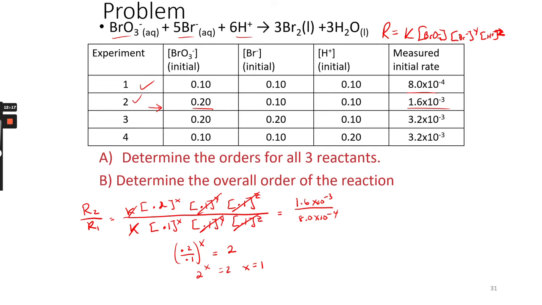Now I have to repeat this process to try to find y. So we want Br to vary, but we want everything else to stay constant. So in order to do that, let's see. How did I do that? 3. Nope, 3 to 1 would be this one.